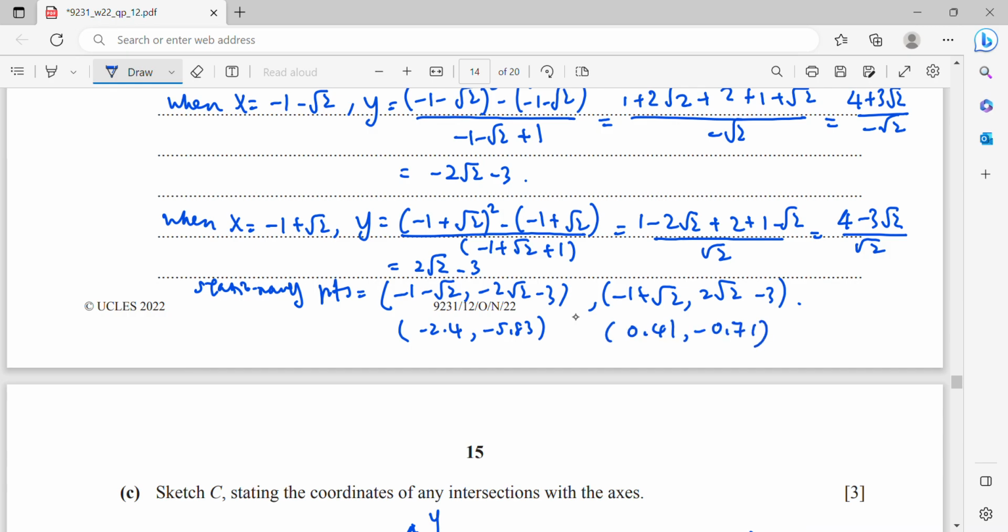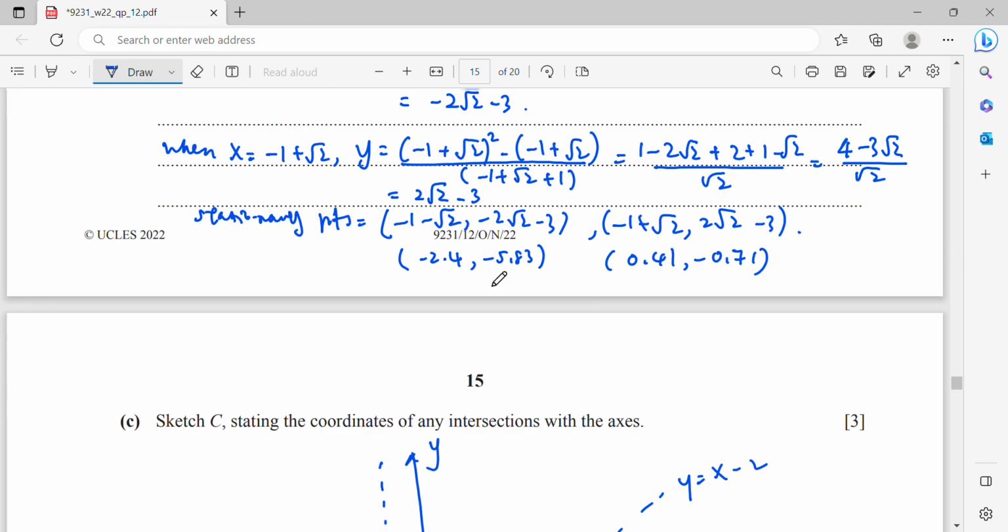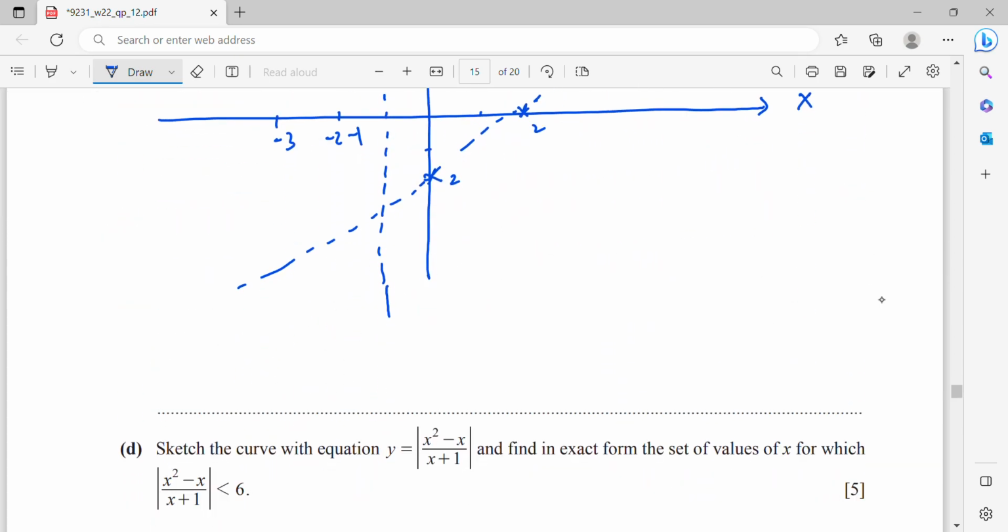So now we need to mark all these points. So negative 2.4, negative 5.83. So let's say here. Okay, so 5.83, roughly here. Right? So now maybe I enlarge.